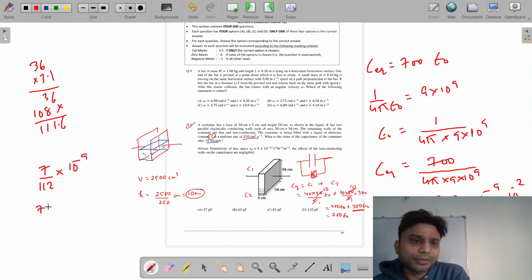So we can write this as 7,000 divided by 112 into 10 to the power minus 12. So this is 112, and divided by this, times 6, this is 672.